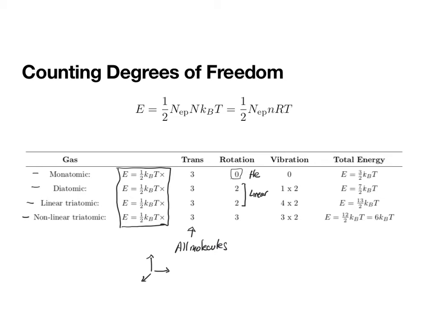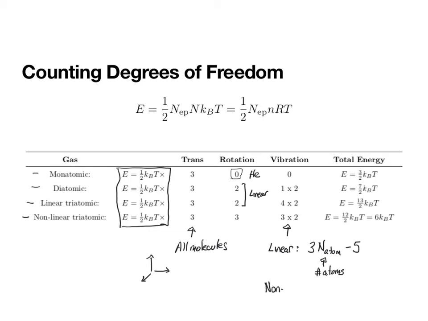Our vibrational modes actually have a formula that we can use. So if the molecule is linear, there are 3N, where N is the number of atoms, minus 5.